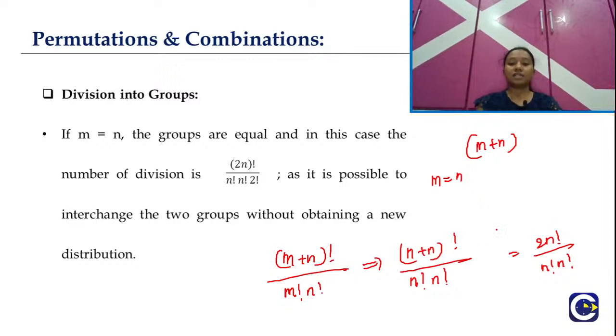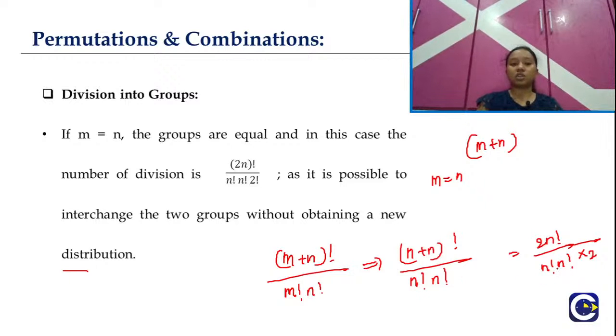But as m and n are the same, we will have the same groups, so we have to divide it by 2 factorial, that means divided by 2, as it is possible to interchange the groups without obtaining a new distribution.